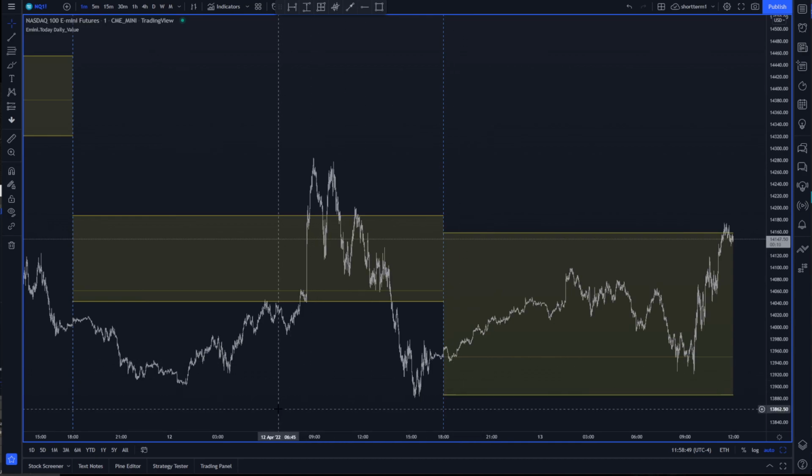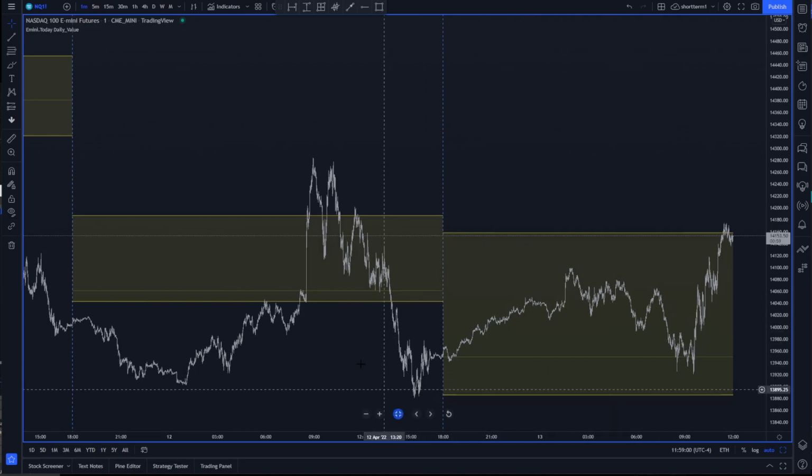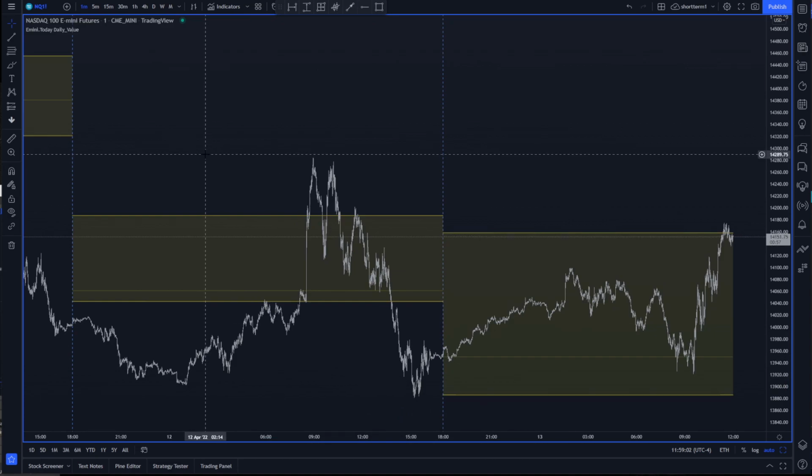Just bear in mind, this is yesterday's value, so it's not changing during the present day. This is the first indicator for this short-term strategy, and the way I use it is it gives me a hint of the direction in which I want to trade.